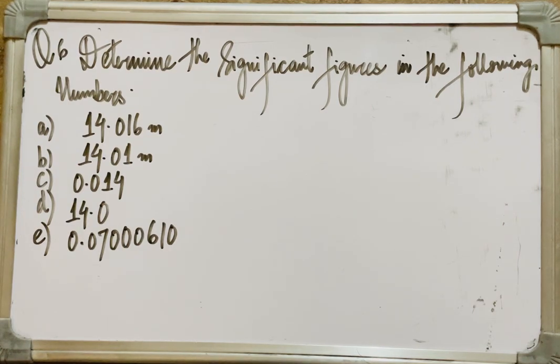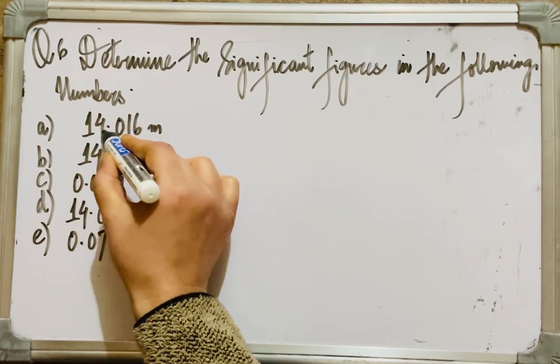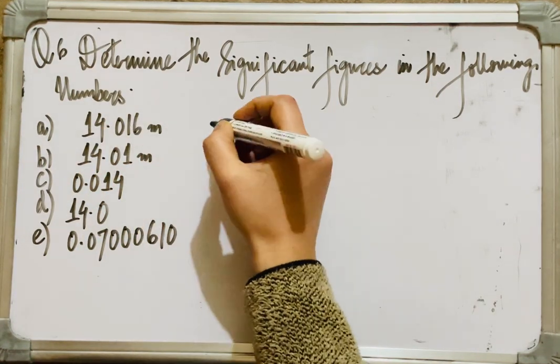The first one has how many significant figures? 1, 2, 3, 4, and 5.